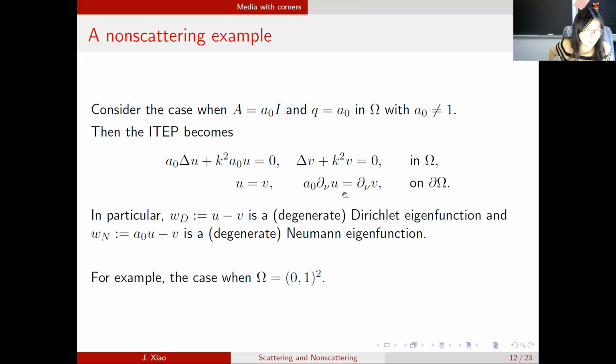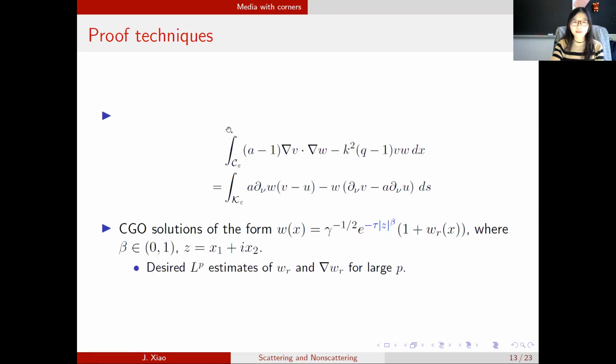So this will be all for the, oh no, I still have the proof techniques. This integral identity is done by just integration by parts. And again, W is an arbitrary solution corresponding to the divergence Laplace operator.